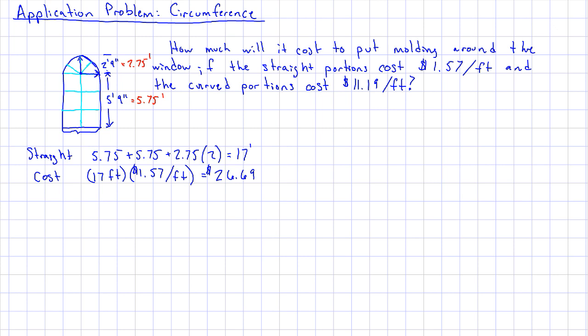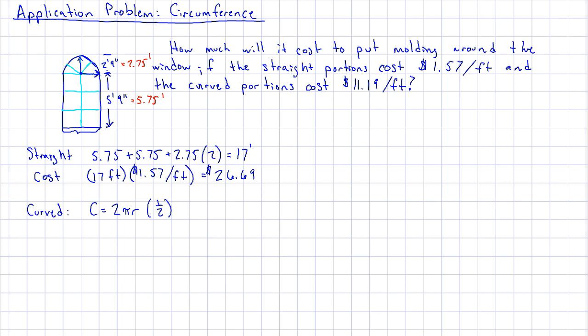And then I need to consider this curved portion at the top. I'm looking at a circle, and I'm looking at its circumference. So the circumference of a circle is 2 pi r, but I'm not looking at the whole circle. I'm looking at only half of it. So I will multiply this by 1/2 in order to get just the circumference of half a circle.